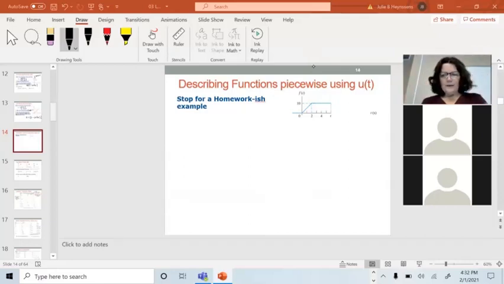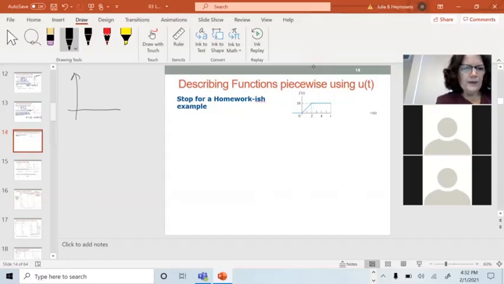I'm going to divide this graph up into pieces. Let me give myself lots of room for this. So I'm going to say the graph I've got there is the same thing as this, plus this.